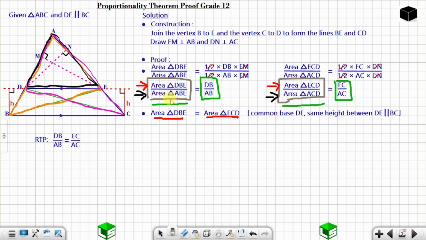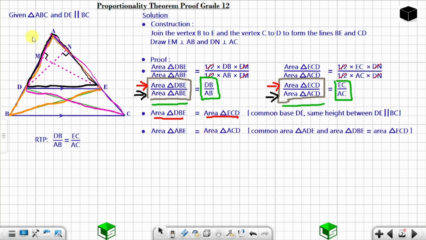You can conclude that this denominator is equal to this denominator because you have the common area of triangle ADE, and the bottom areas are also equal.